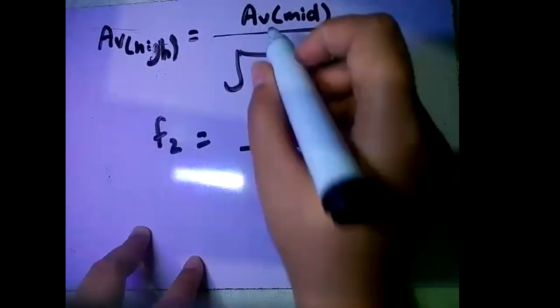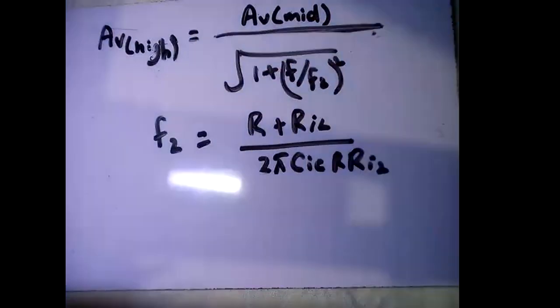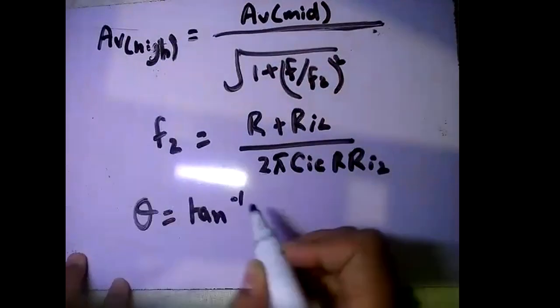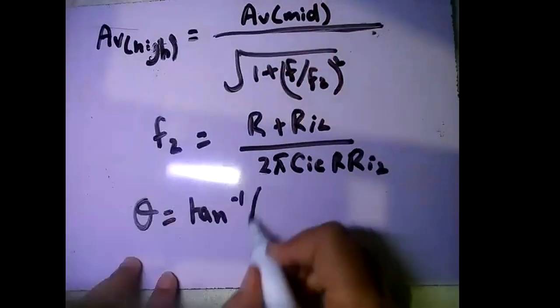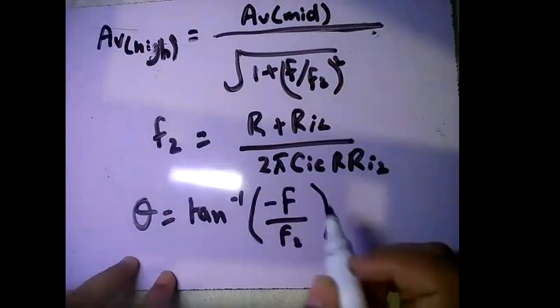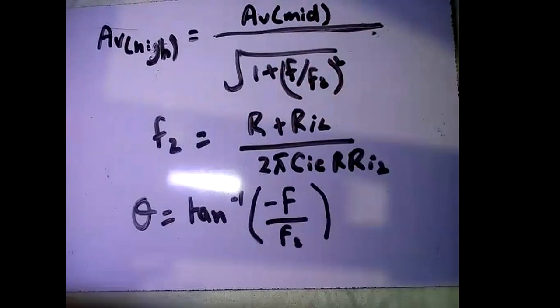So this is the relation now, and from that you can also determine the phase angle, which will be equal to minus f over f2, as the slope is negative. So for high frequency it is negative.